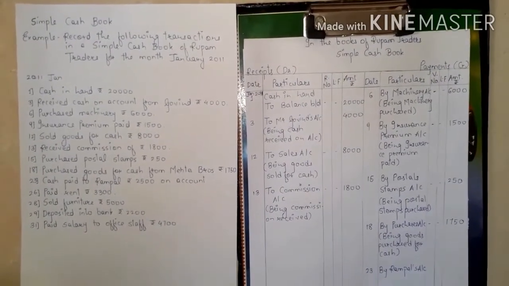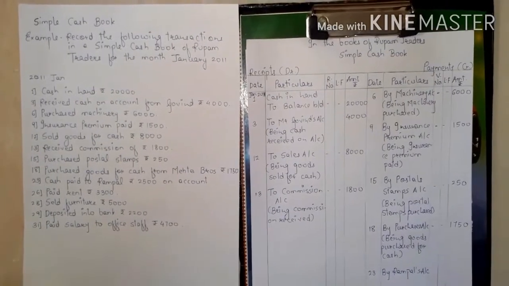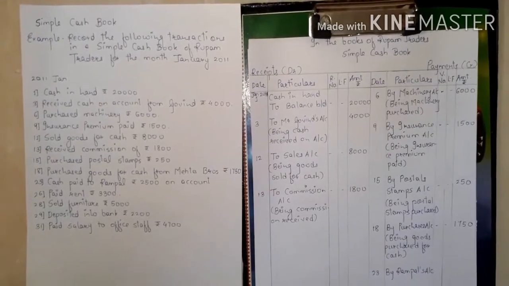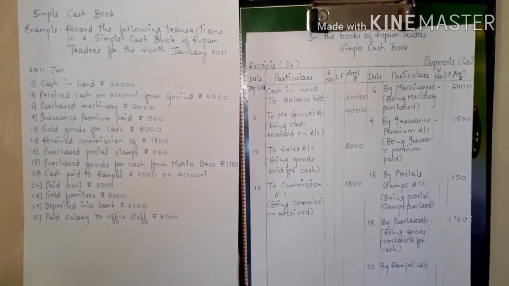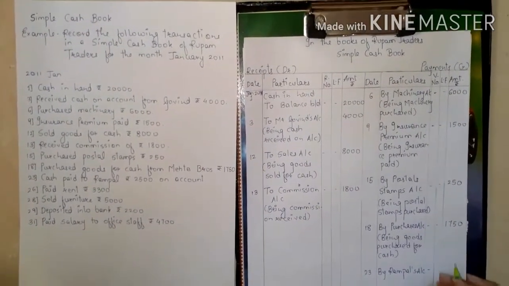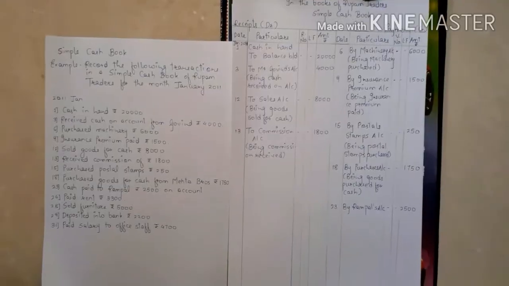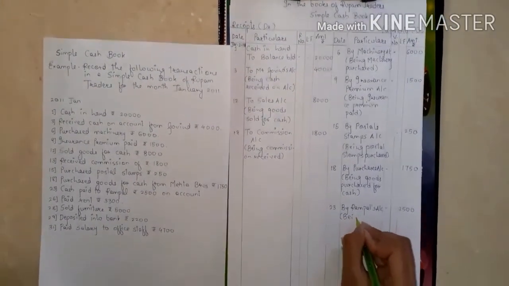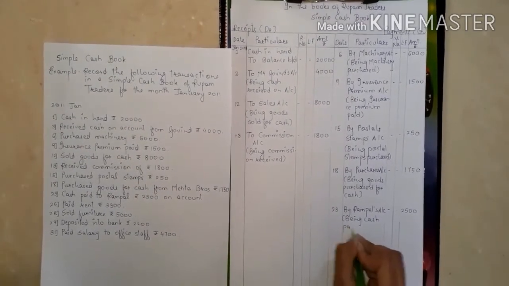So these terms are very important, by and to. But where to use by and where to use to, that also you have to remember. To you have to write down in the receipt side, and by you have to write down in the payment side. Okay, the amount for this transaction 2,500. Narration for this being cash paid on account.